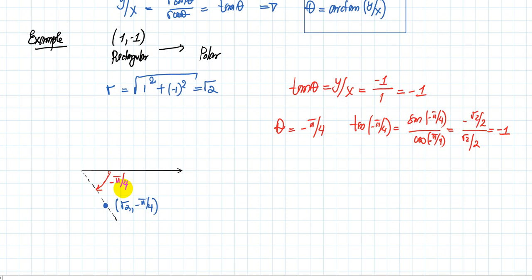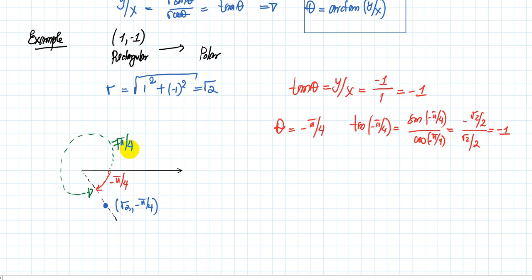It would be 7 pi over 4, right? For example, this angle, if we go in the counterclockwise direction, would be 7 pi over 4, because in total, a full turn to the same point is 8 pi over 4, which is 2 pi. If you subtract pi over 4, you're going to have 7 pi over 4.